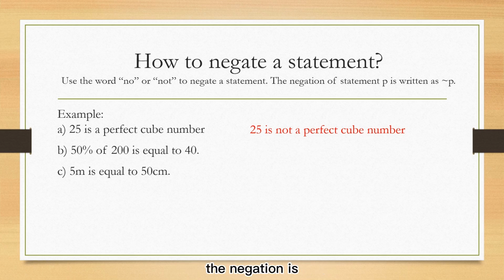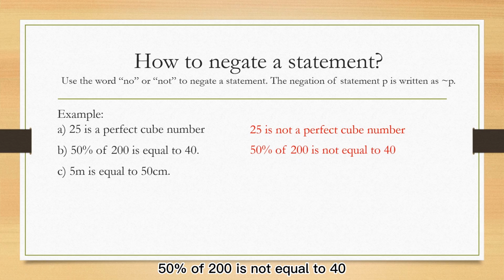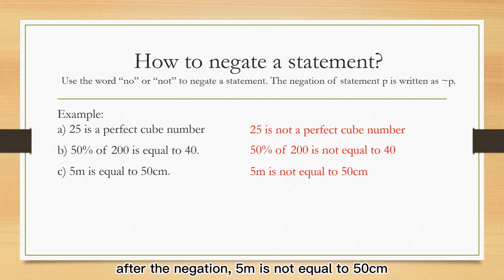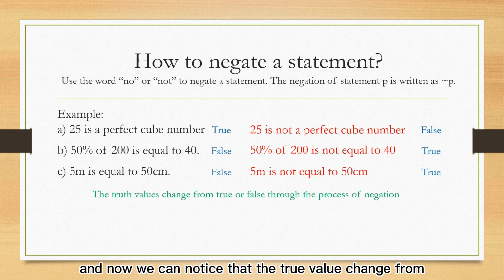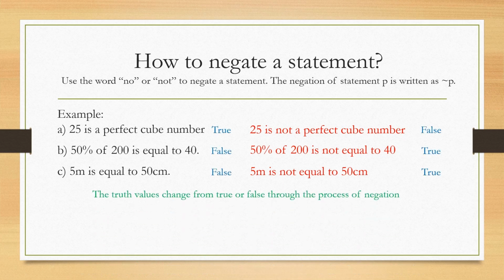The negation is 15% of 200 is not equal to 14. Question C. 5 meter is equal to 15 cm. After the negation, 5 meter is not equal to 15 cm. And now we can notice that the true value changed from true to false, or vice versa, through the process of negation.